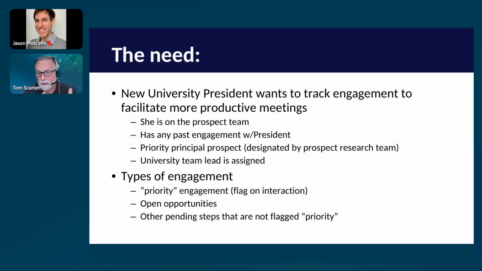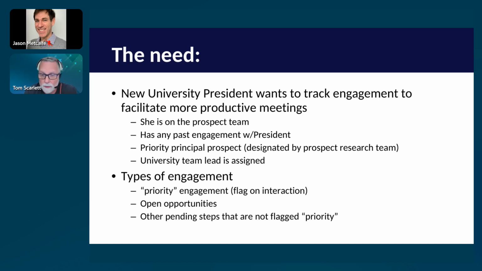What she wanted to see were types of engagement and what she called priority engagements. These don't necessarily mean interactions she's involved with, but interactions she wants to be aware of. And our senior leadership team and senior fundraisers work with her regularly and know which of these interactions need to be flagged so that Radenka sees them on her radar.